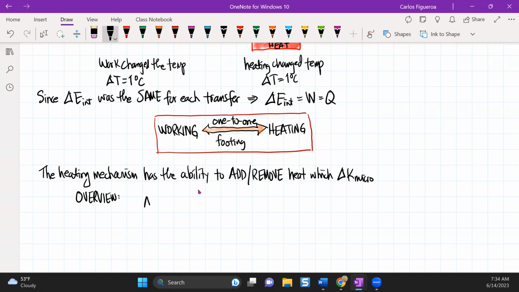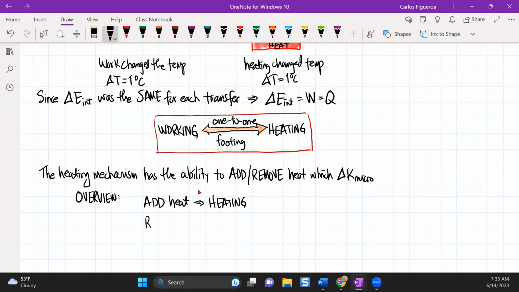So if I add heat, and this word gets tricky here, because adding heat and removing heat is still considered heating. But I'm going to use these words differently. If you add heat, I'm going to say that you're heating.